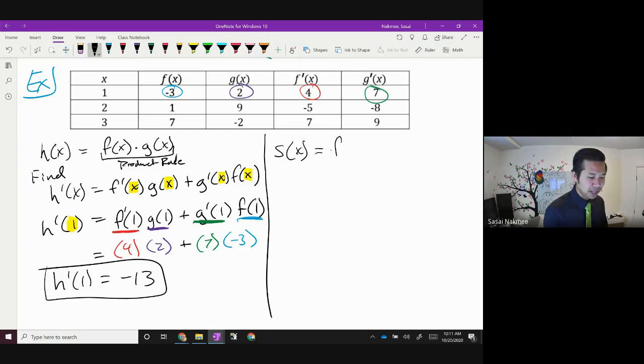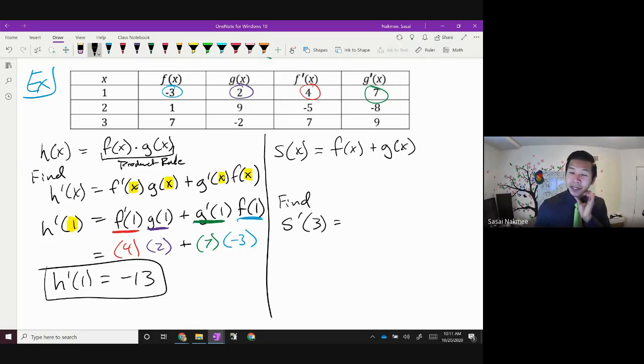S of x is defined as f of x plus g of x. And what I want to find from you guys is, can you guys find the derivative evaluated at 3? Can you guys do that real quick?